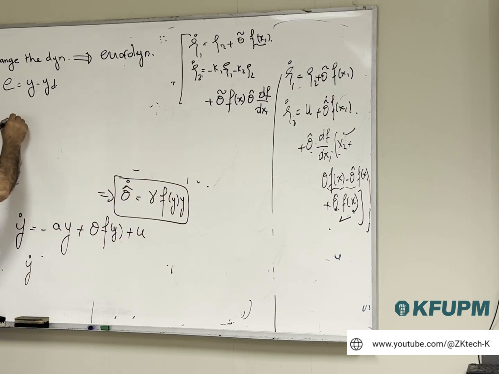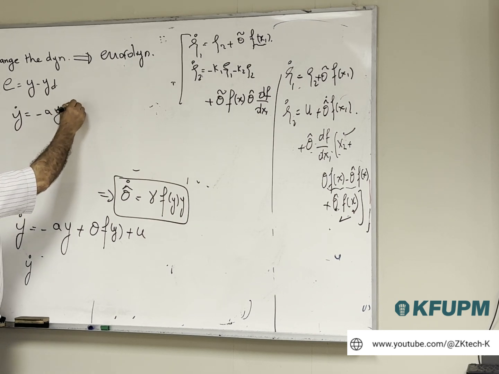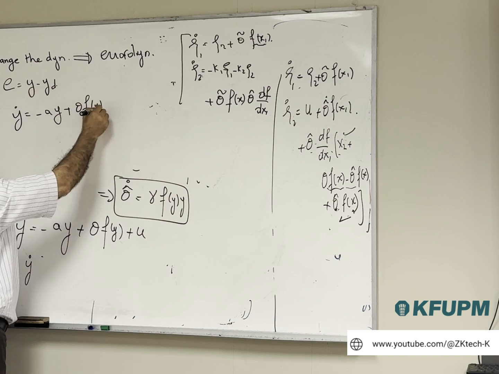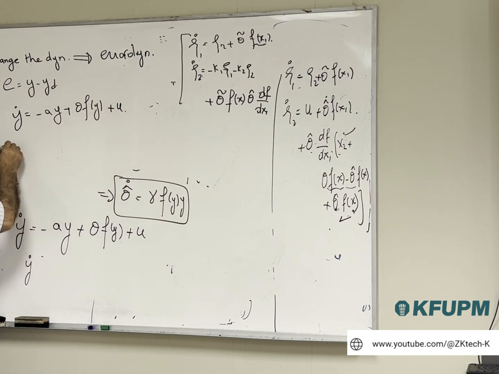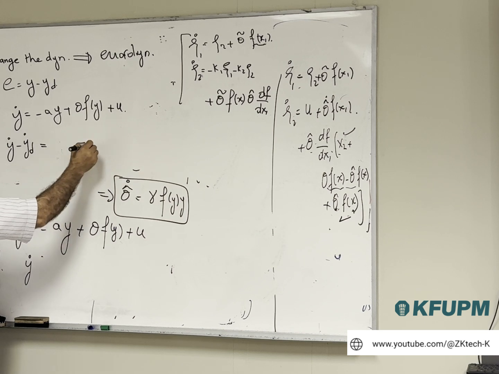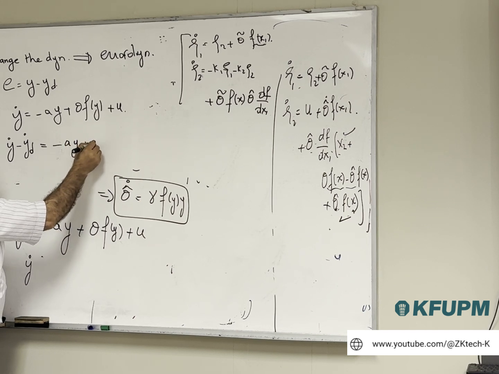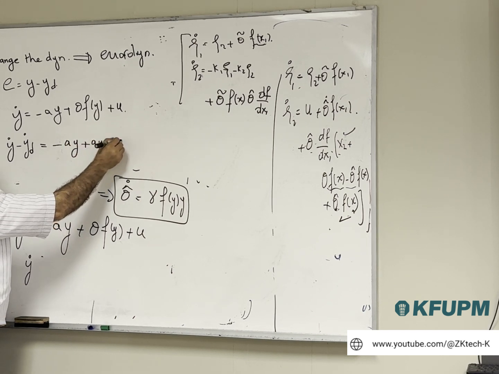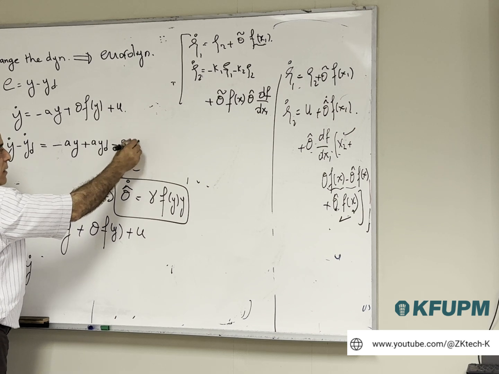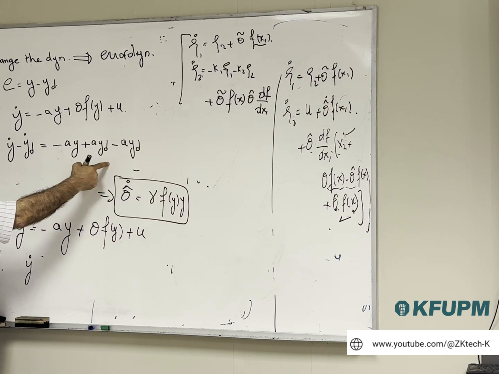So I will come to this system. This is my original system: y prime equals minus a multiplied by y plus theta f of y plus u. I will subtract y desired prime from here. So this will be equal to minus a times y, and I'm going to add plus a y desired minus a y desired, so it's like I'm adding 0.